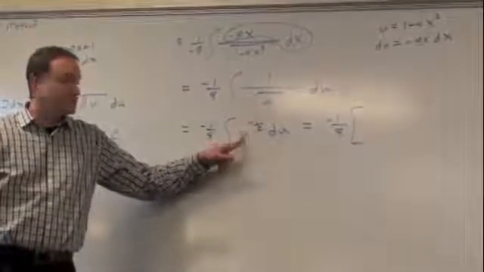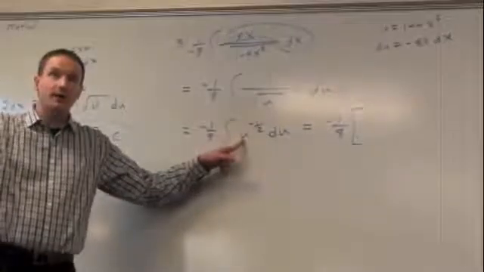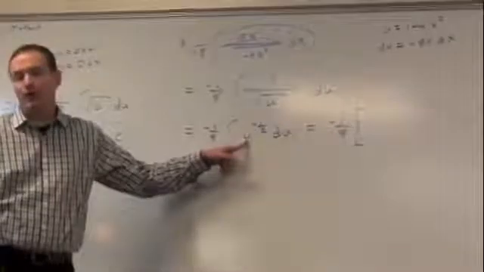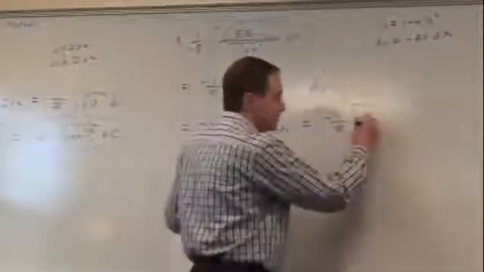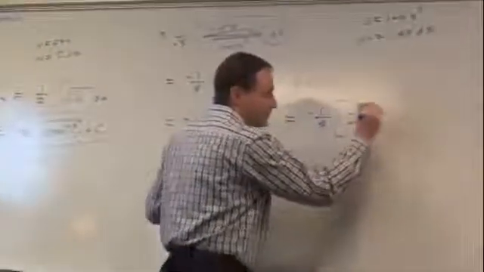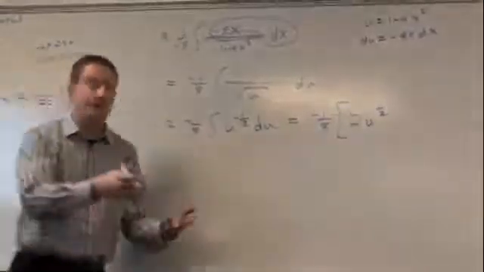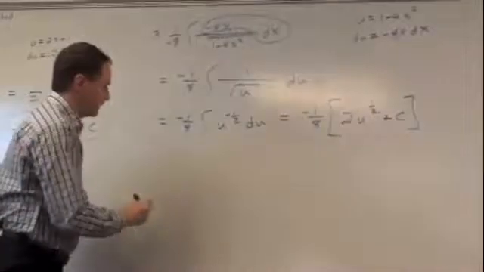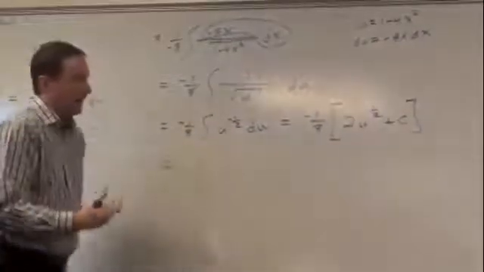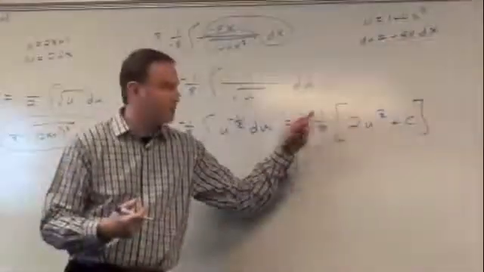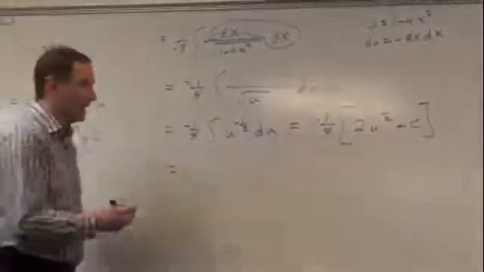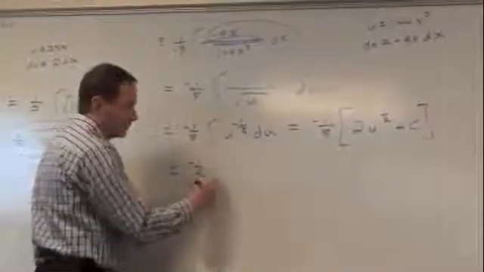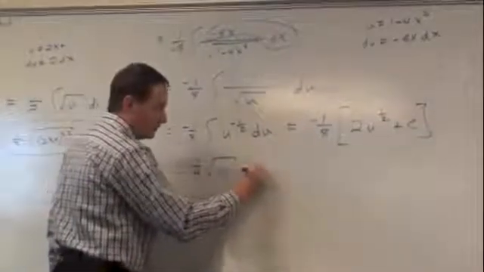So this becomes u to the positive 1/2 power divided by 1/2. If you divide by 1/2, you're multiplying by 2. So I can say this is going to become 2u to the 1/2 in there, plus c. When I multiply that 2 by the negative 1/8, I'll get negative 1/4 square root of u plus c.